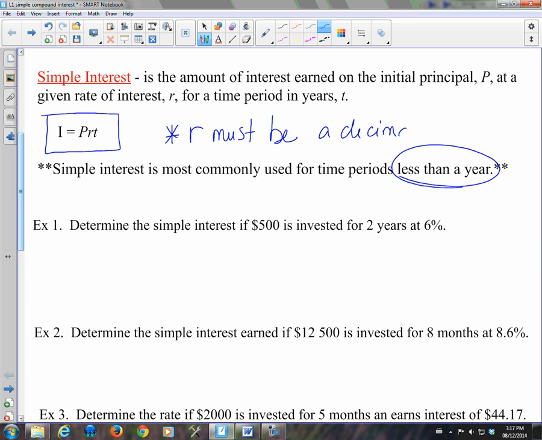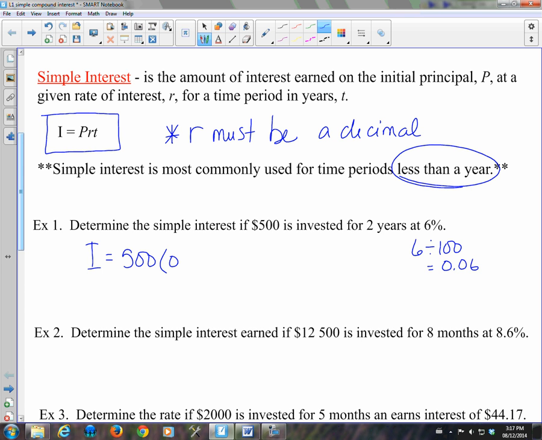to use the formula. So if I look at my first example, determine the simple interest if $500 is invested for 2 years at 6%. To determine the interest, I take my principal, that's the $500 I'm starting with, times the rate as a decimal. To change a percent to a decimal, I divide it by 100, 0.06.